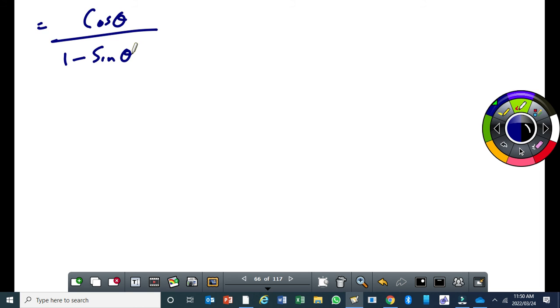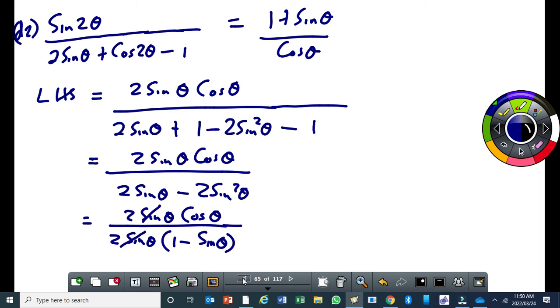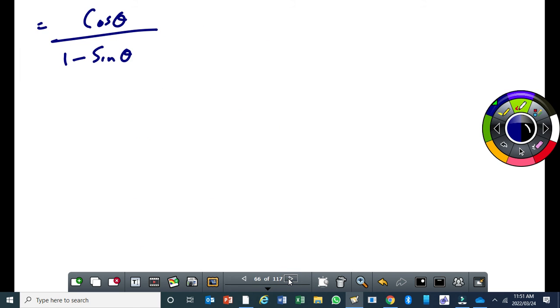Okay. Can I have your attention now? What is the objective? The objective is to end up having a cos theta in the denominator. That's the objective. Okay? So what we do again, if we want to end up having a cos theta, we can multiply the numerator by this denominator.